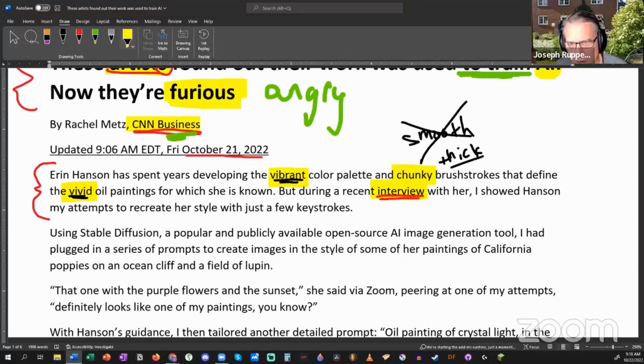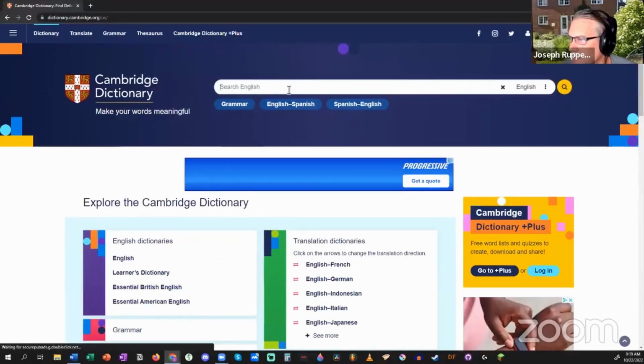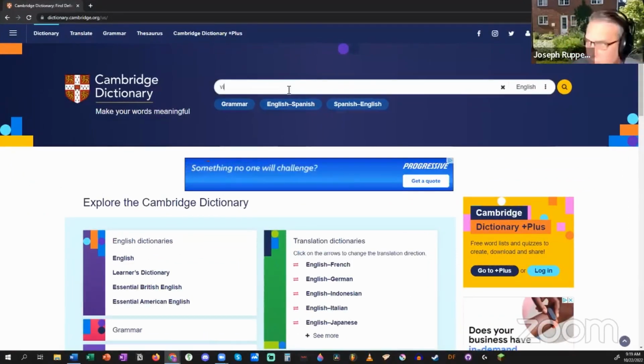Wonderful. So let's talk about vivid and vibrant for a moment. I want to pull up Cambridge Dictionary. All right, let's take a look at Cambridge. So we're going to go with vibrant.